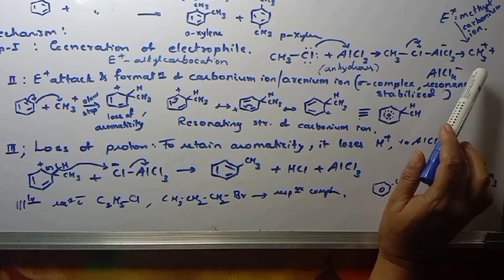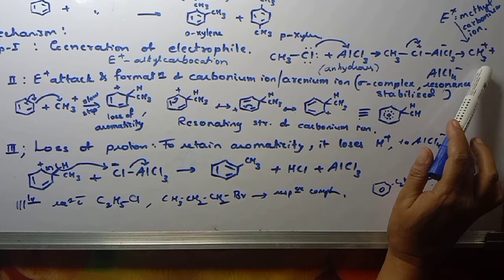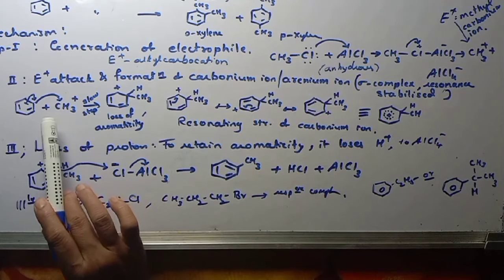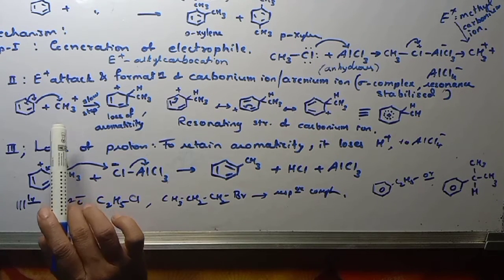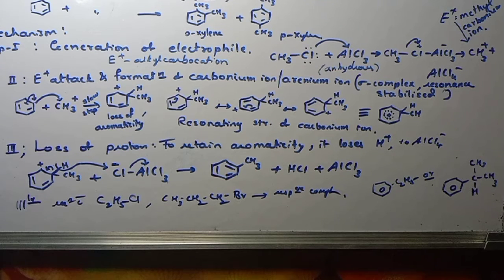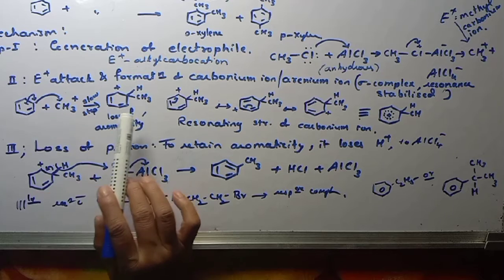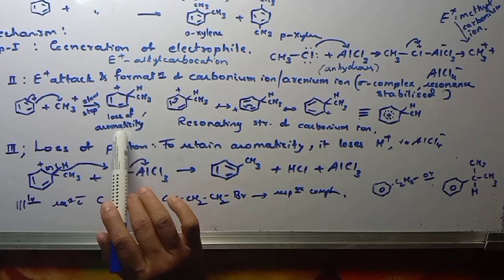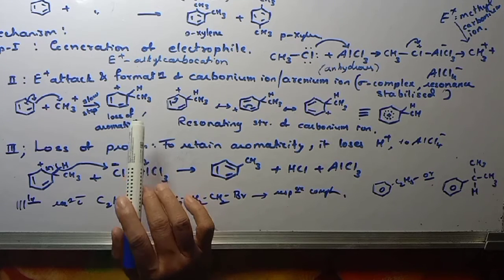So this formed electrophile, CH3 plus, attacks the benzene ring. In the second step, the methyl group attacks the benzene ring, which is a slow step, and forms a compound which has lost the aromaticity.